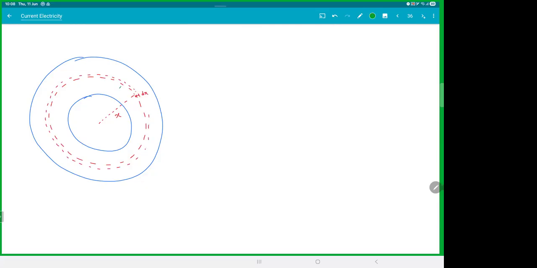Current is flowing radially. So for this thin shell, what is the resistance dR? Rho times length. What is the length? dx. So rho is rho naught x. The formula is rho dx by area. Area is 4 pi x square. L is the length along the current flow. So current is going along dx, and the area is 4 pi x square, the whole surface. And rho is nothing but rho naught x. So rho naught x dx by 4 pi x square. This is the resistance of the thin shell.